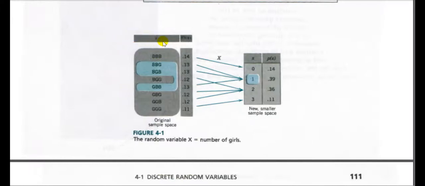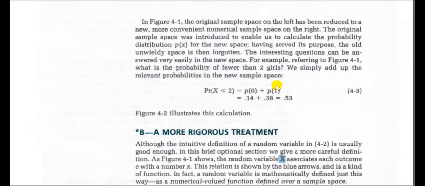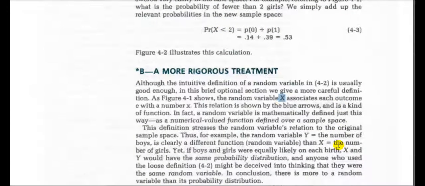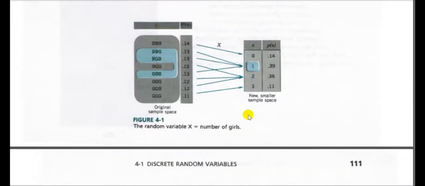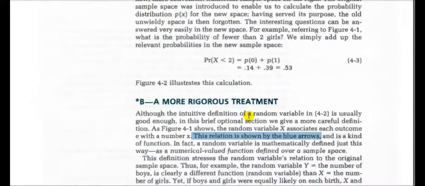This also gets associated with 1. So each one of these gets associated with a number small x. This relationship is shown by the blue arrows.